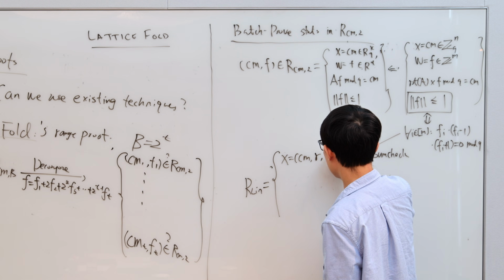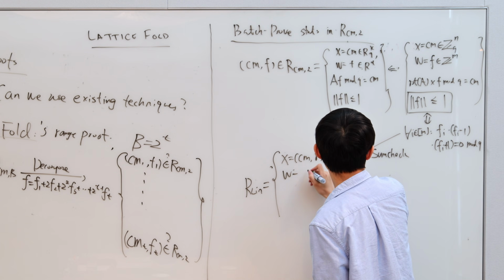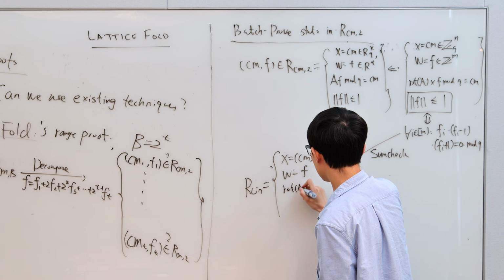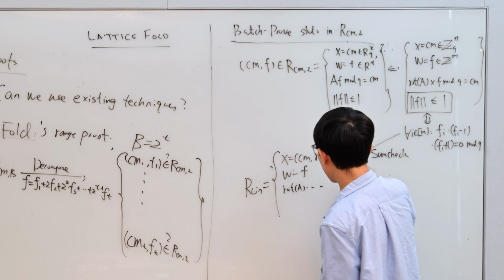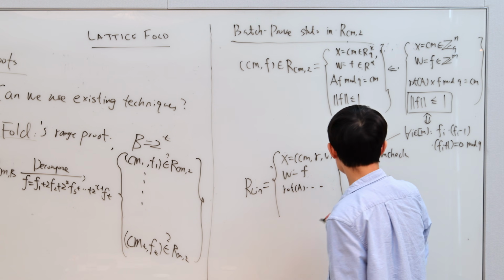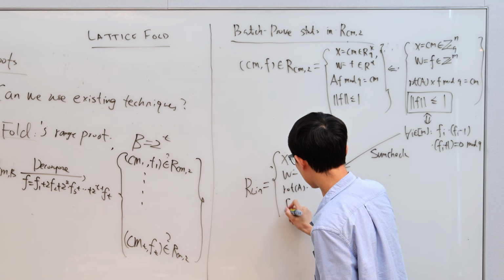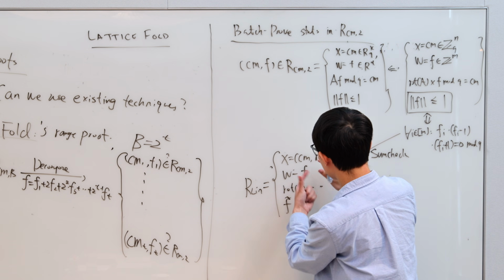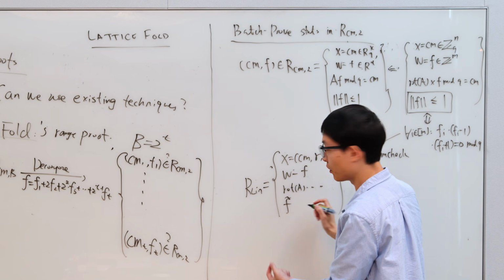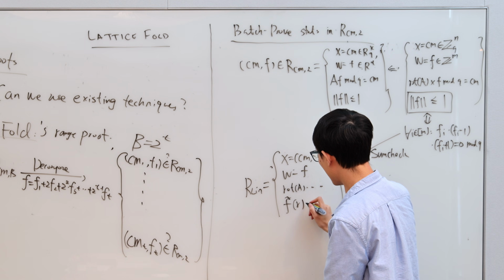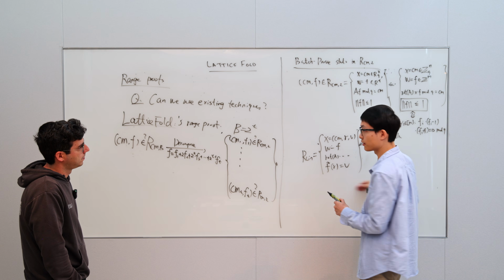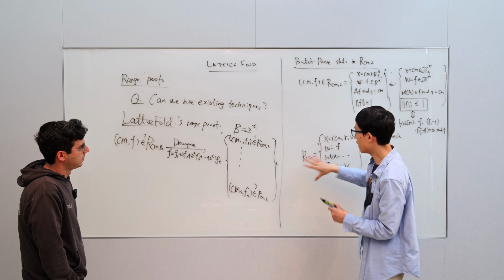So there's R and V, and W is the same as F, and you check the same rotation relation and some other relaxed norm constraints. But moreover, you only need to check some kind of evaluation of F. You can understand F as a vector, but also as a polynomial, and its evaluation at point R equals V, something like this. And this turns out to be much easier to fold, and that's our target, right?